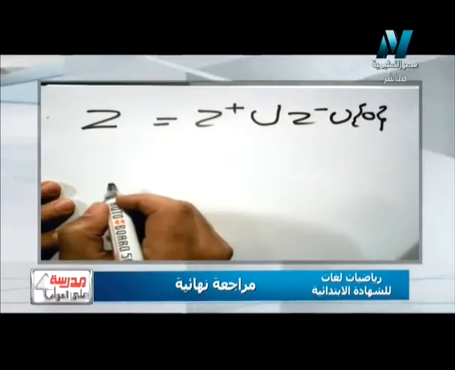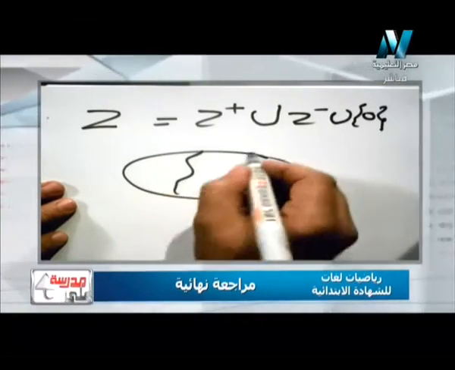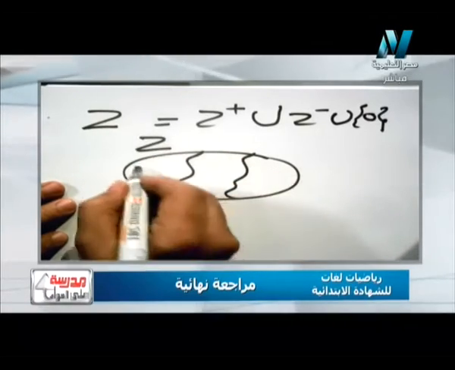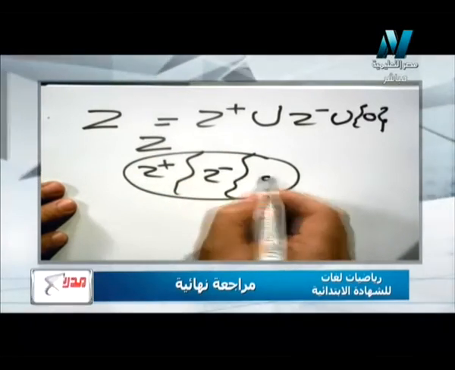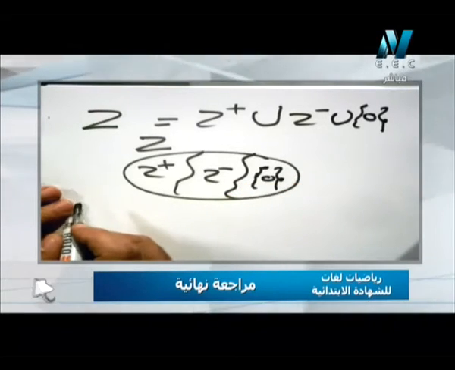And we can draw the diagram to represent this. Z consists of Z positive, Z negative, and the set of 0. It's a very important point.